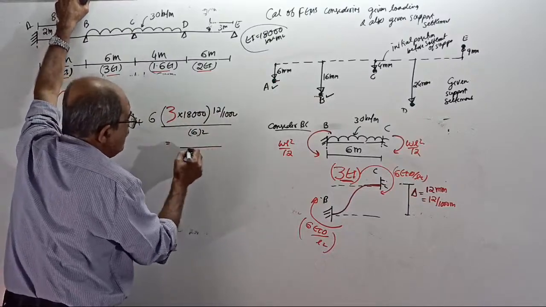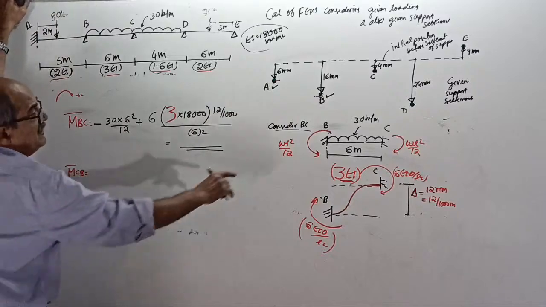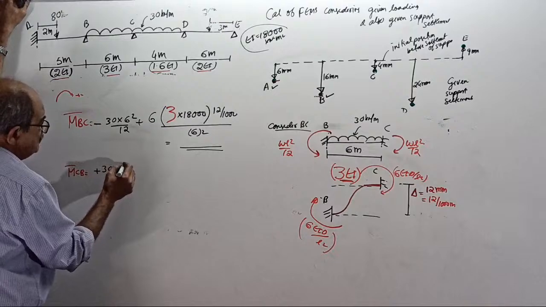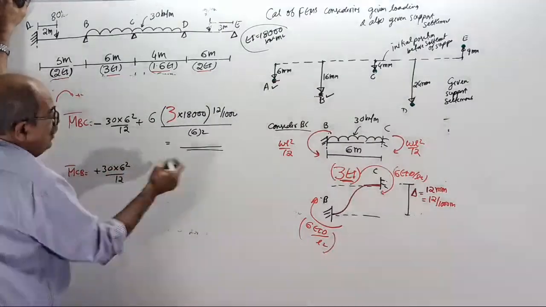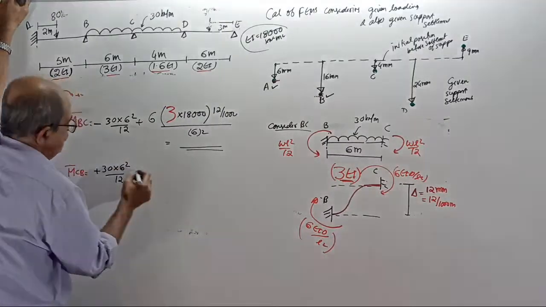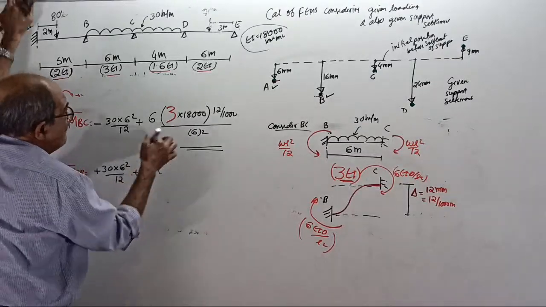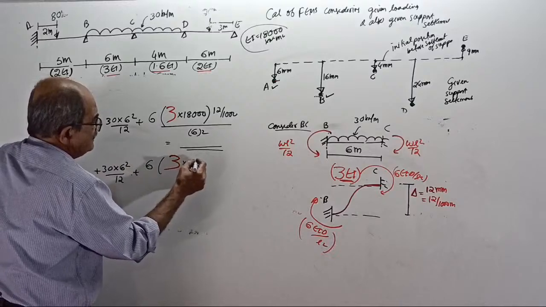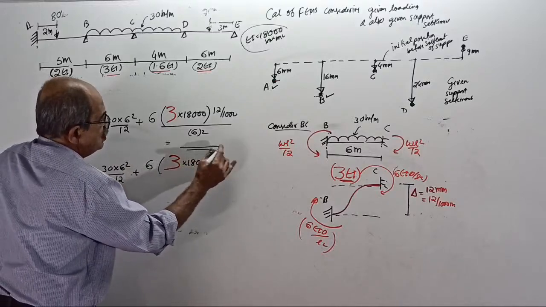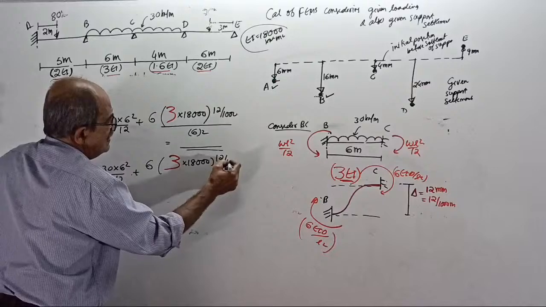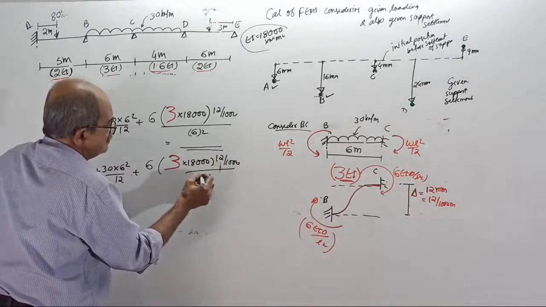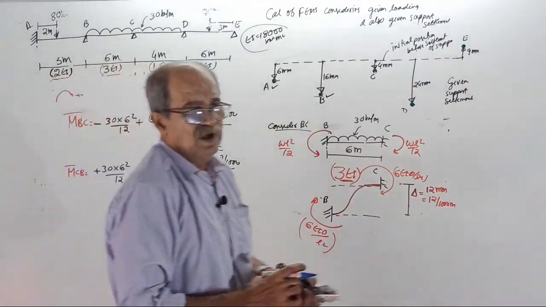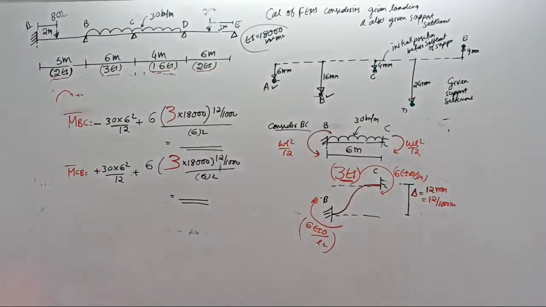If you tell me the answer, I will write M bar BC, clockwise, plus 30 into 6 square by 12 due to UDL, then again plus 6 into 3 times 18,000 into 12 by 1000 divided by 6 square. Otherwise, leave it. Are you telling the answer? Don't give wrong answer.